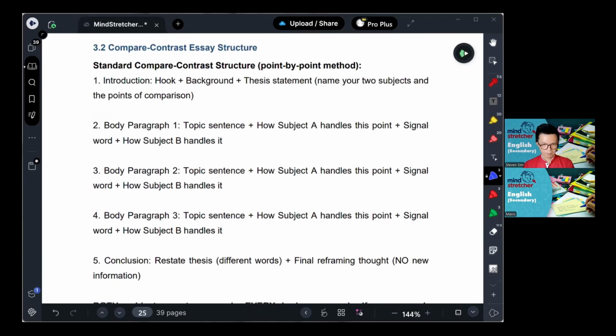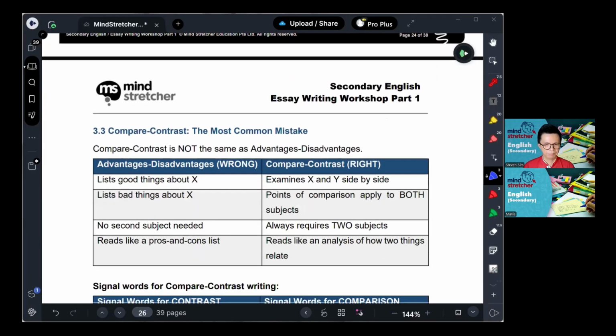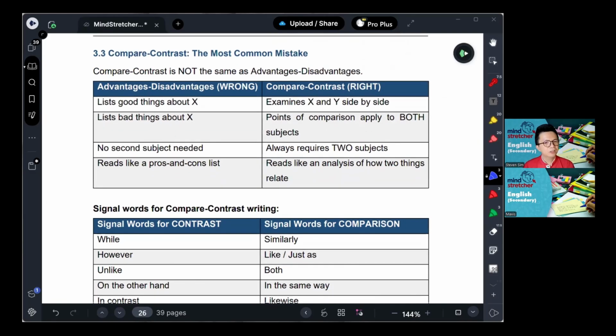Okay. So your compare and contrast, what you want to do is you want to be very clear about what is compare and contrast. Compare and contrast is not advantages and disadvantages. Compare and contrast is not pros and cons. It's not that at all.